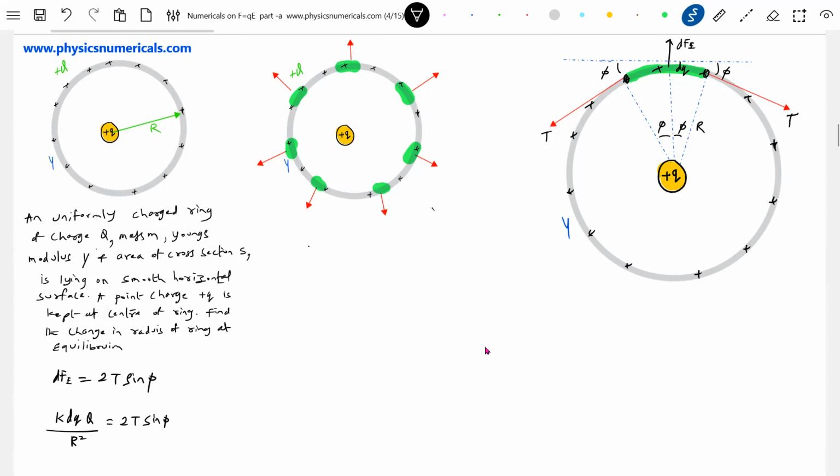Further, what can we write for dq? There's an elemental charge. What is ds equal to? r into 2 phi.